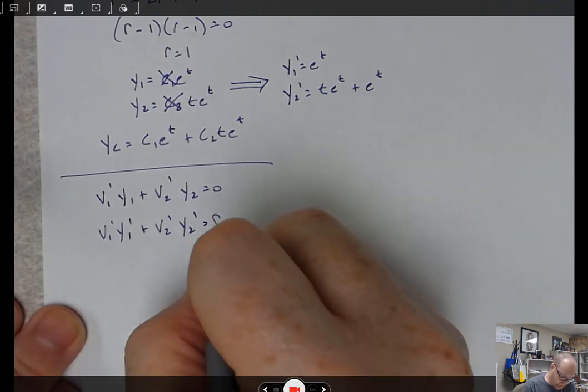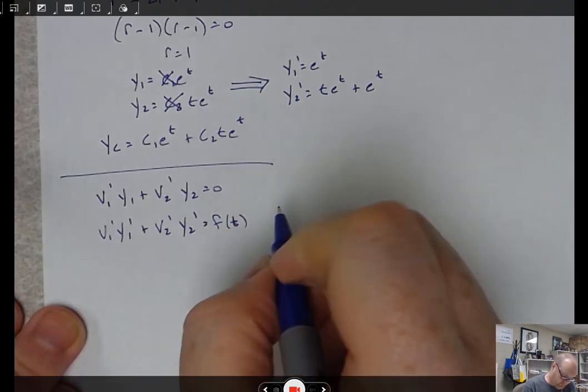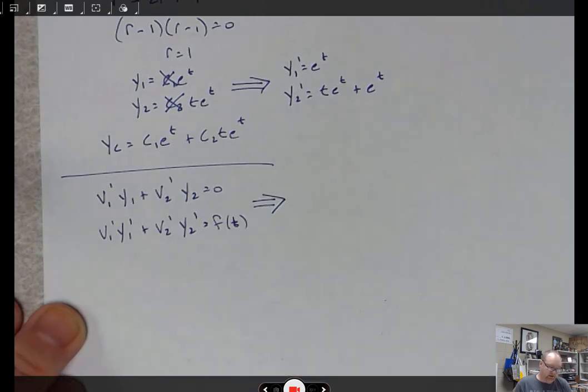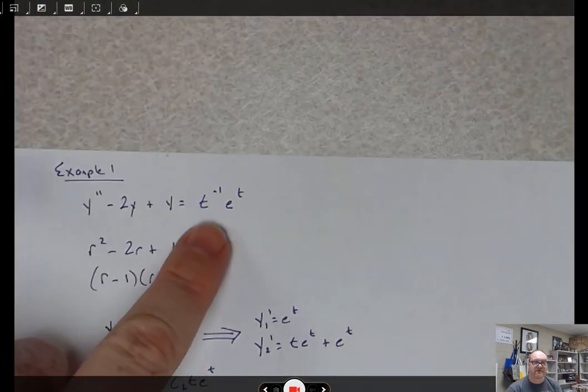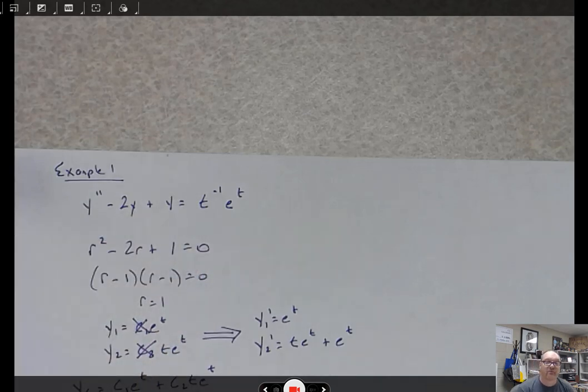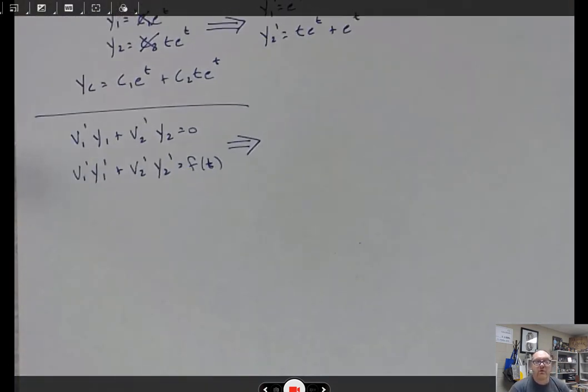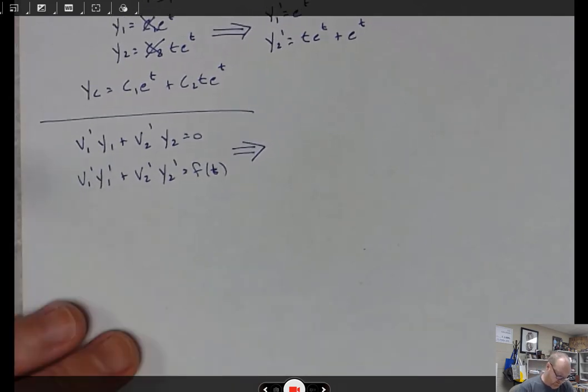Equal to some function. For our purposes, the function is whatever it's equal to way up here. And then I'm going to fill in y1, y2, y1 prime and y2 prime, and solve for v1 and v2.